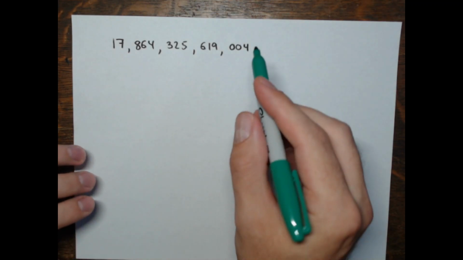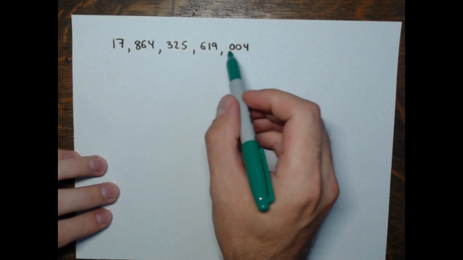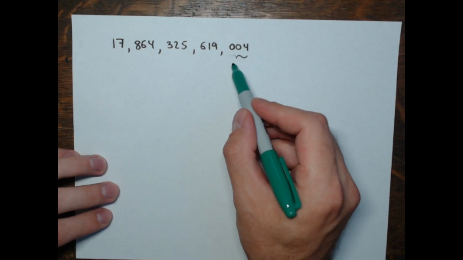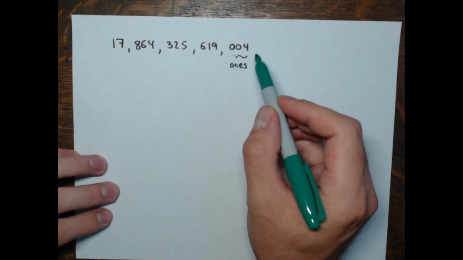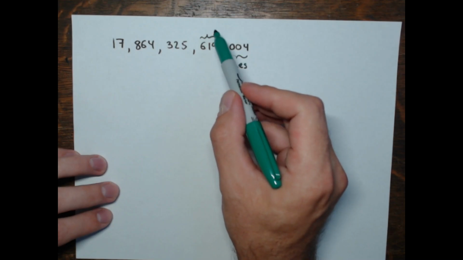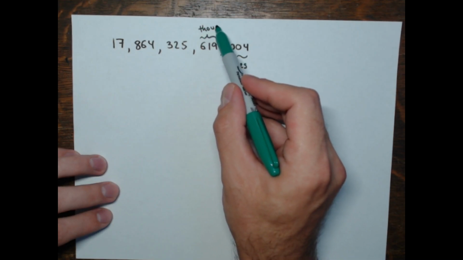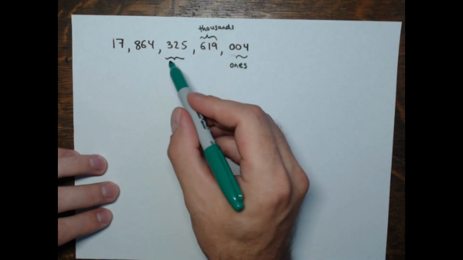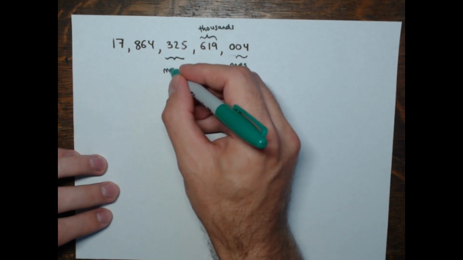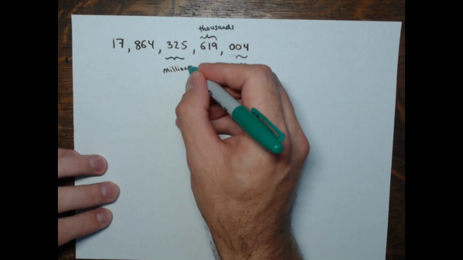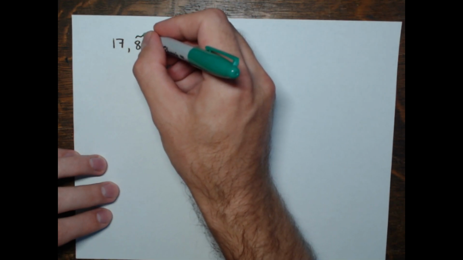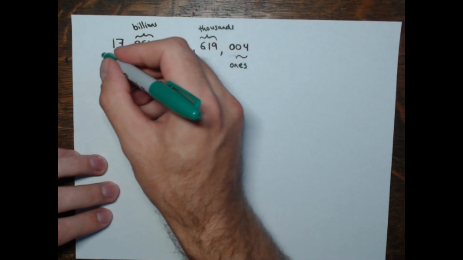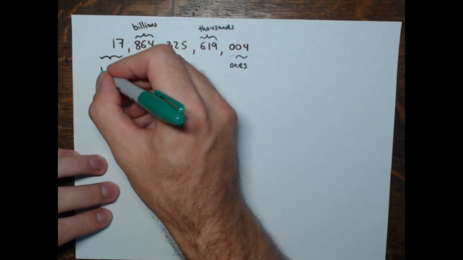Once more, the periods from right to left, low numbers to large numbers. This is the ones period. The next three are the thousands period. The next three are the millions period. The next three, the billions. And once again, we're ending in the trillions.